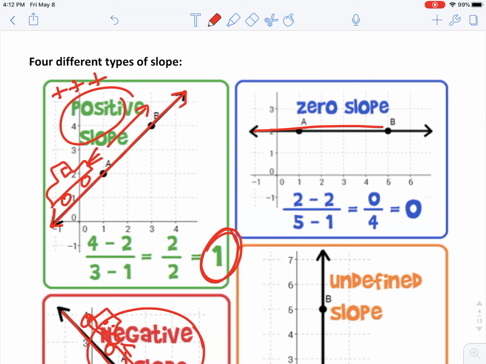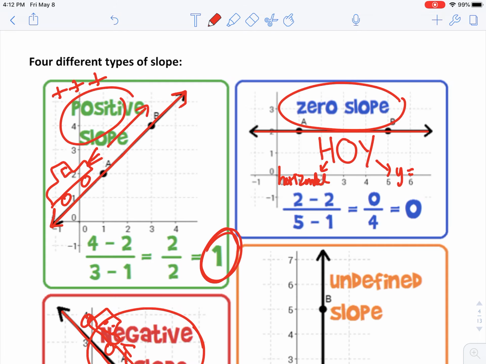When it's flat across horizontally, that's a 0 slope. Okay, so we like to say horizontal gives us a 0 slope, and those are always y equals equations. We'll talk about this later. It's always y equals. But h means horizontal, and this means 0.